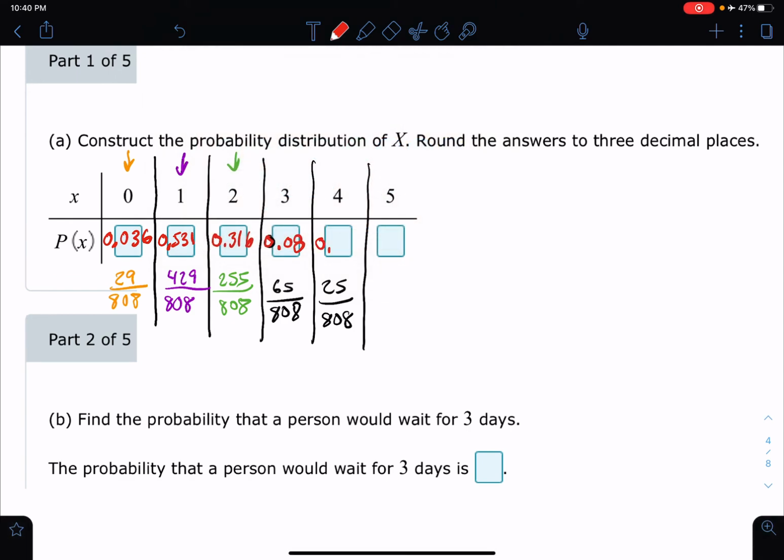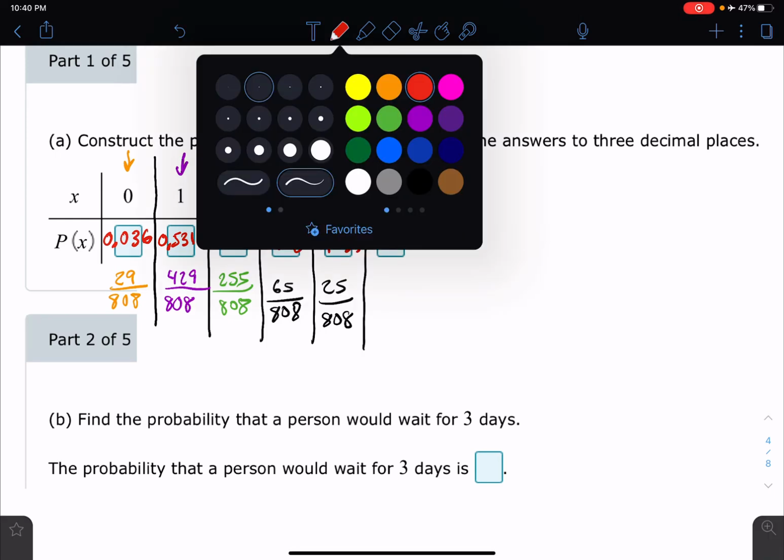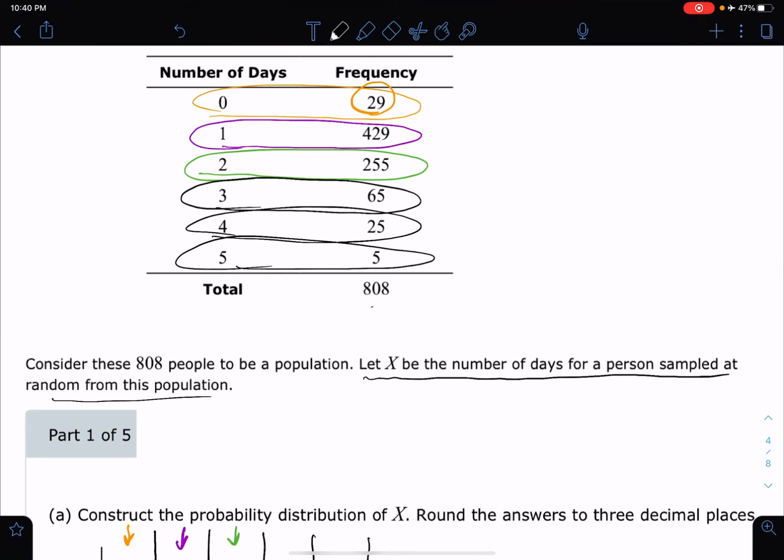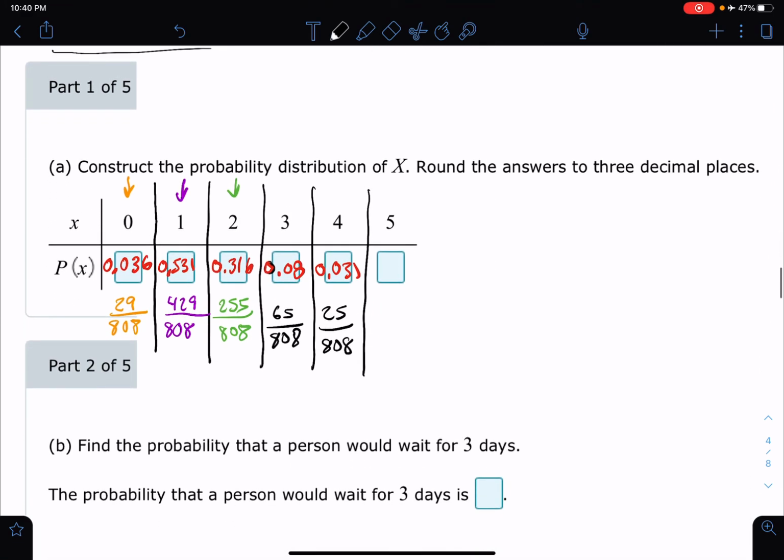Divide on the calculator, and we get 0.031. And last but not least, the tough people suffering for 5 whole days before getting medical treatment. There's only 5 remaining people out of 808 that are willing to do that. And we throw that in on the calculator and we get 0.006.